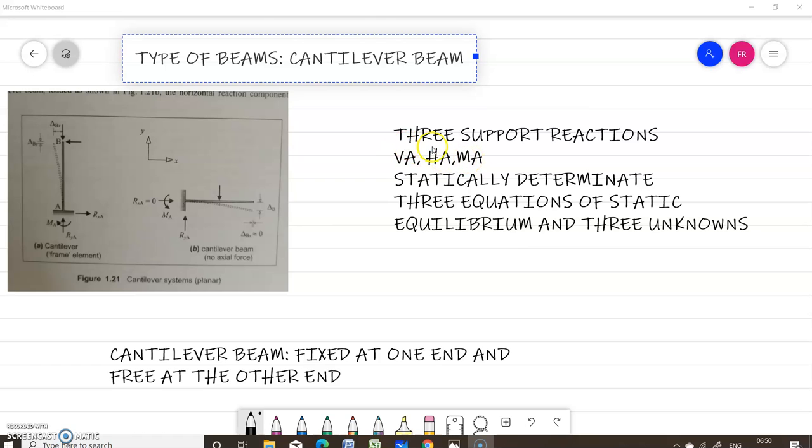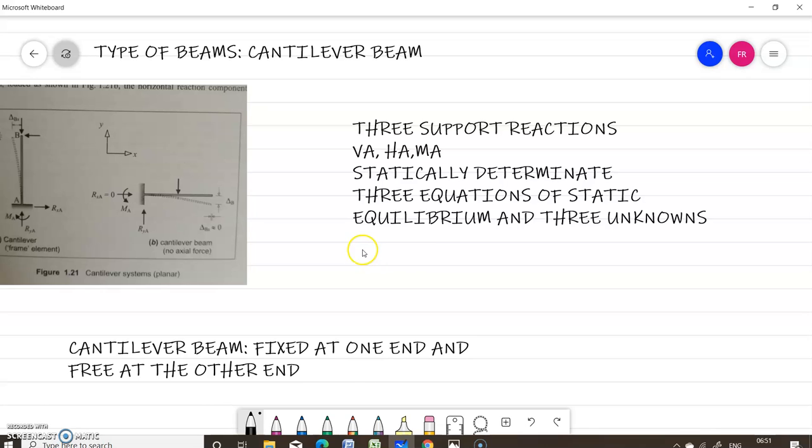So you have three unknowns and you have three equations of equilibrium. What are the three equations of equilibrium? Sum of the horizontal forces is equal to 0, sum of the vertical forces is equal to 0, and the algebraic sum of moment in all direction equal to 0. Okay, so we have three equations of equilibrium and three unknowns.